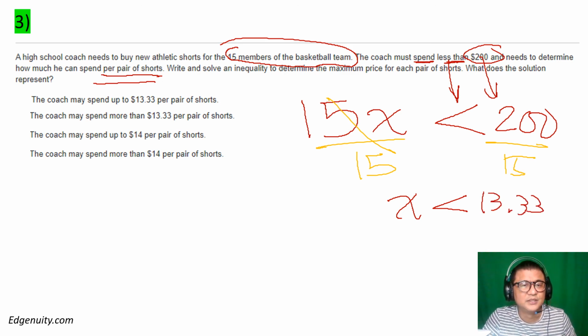So let's see, the coach may spend up to 13.33 per shorts. Okay, the coach may spend more than, no, you can't do more than. The coach may spend up to 14. No, you can't go over 14. Or more than, no. So this is the correct answer.